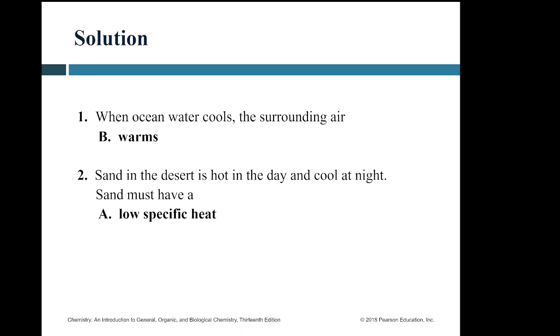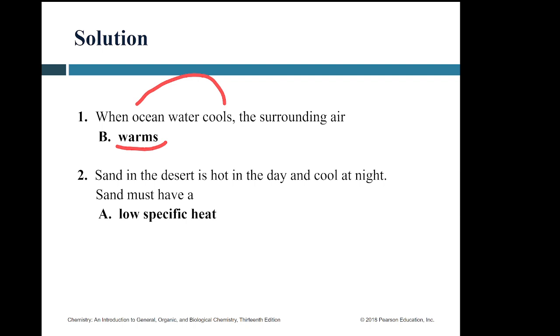It's getting cooler, right? The reason your hand's getting hotter is because the object is losing heat to your hand. And so the same thing's happening here. When the ocean water cools, that means the surrounding air is gaining that heat from the ocean water. Now, we could have done it the other way too.